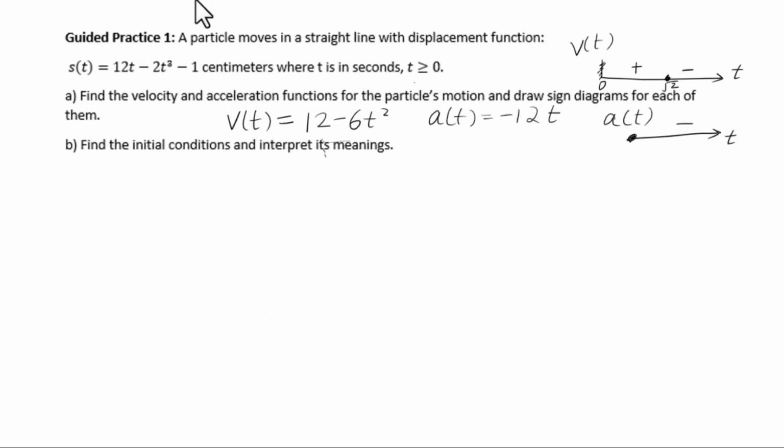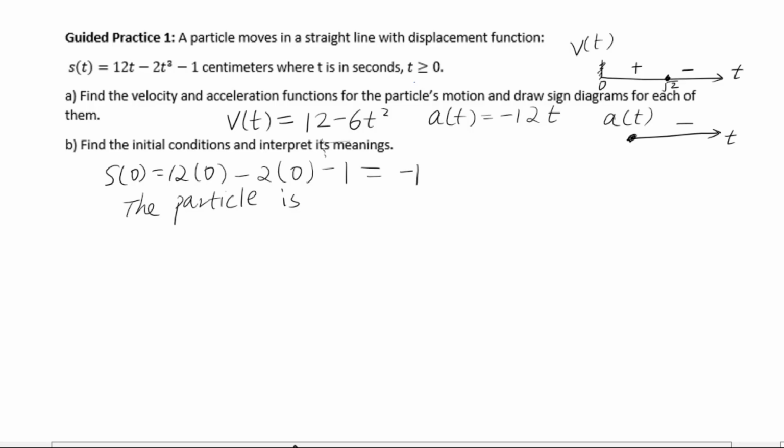Let's go to B. Find the initial conditions and interpret their meaning. S of 0 equals 12 times 0 minus 2 times 0 minus 1 equals negative 1. This means the particle is 1 centimeter left from the origin.